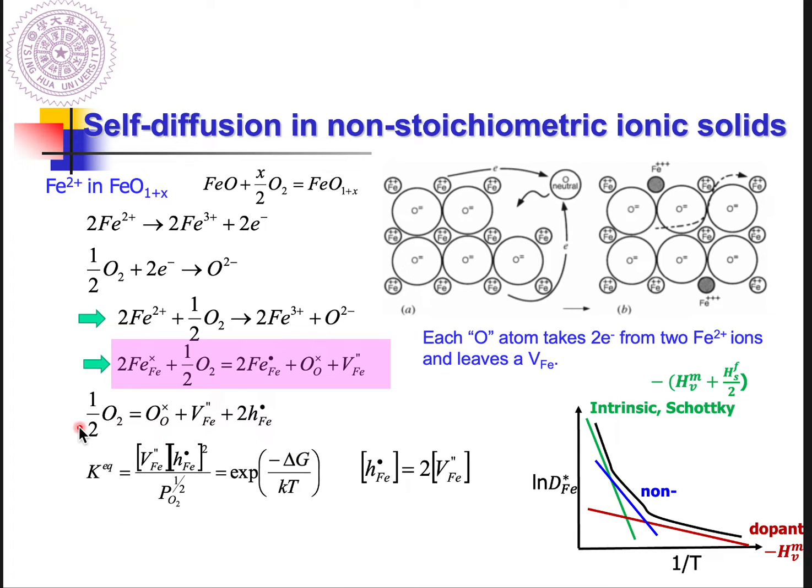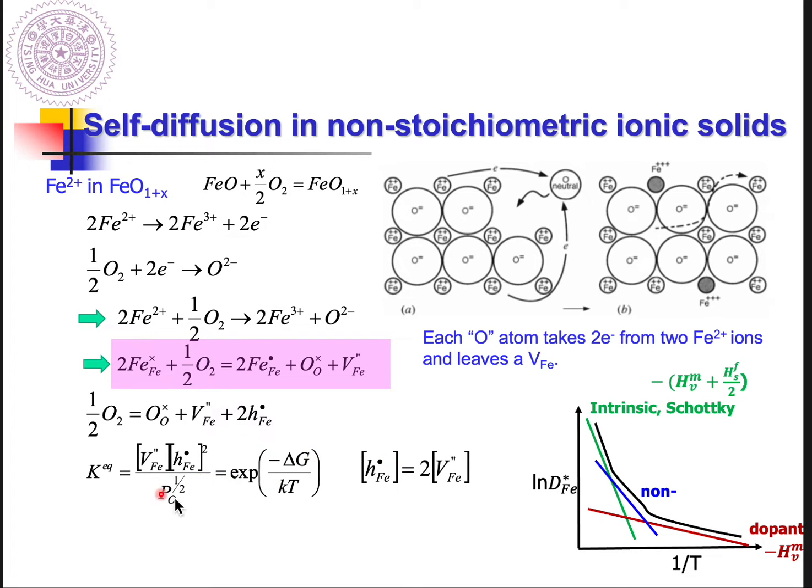In order to write down the rate constant at the equilibrium condition, we can write V, the vacancy fraction, times the hole fraction squared, because there are 2, divided by, since this is gas, the partial pressure of oxygen, and the order will be 1.5.